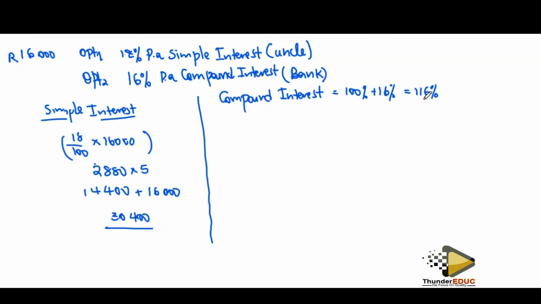Remember, this 116% means over 100, so I need to put it as a decimal: 1.16 times the money the person has borrowed. So in the first year, it would have accumulated some interest, and it would be this much. For the second year, instead of multiplying with this, we shall multiply with this one here. It's accumulating.